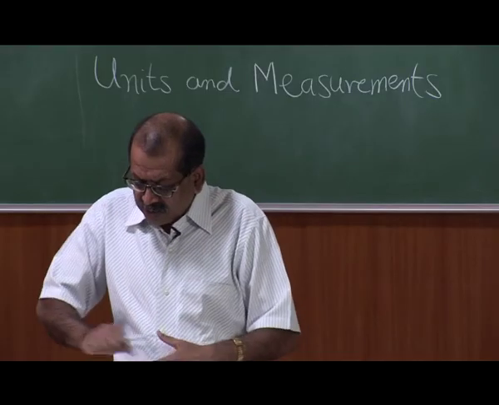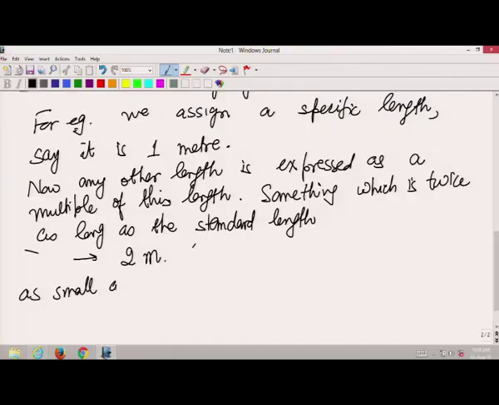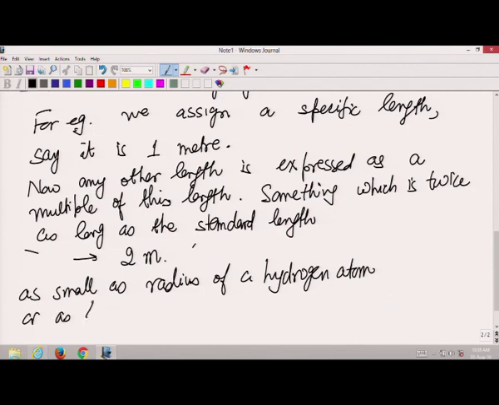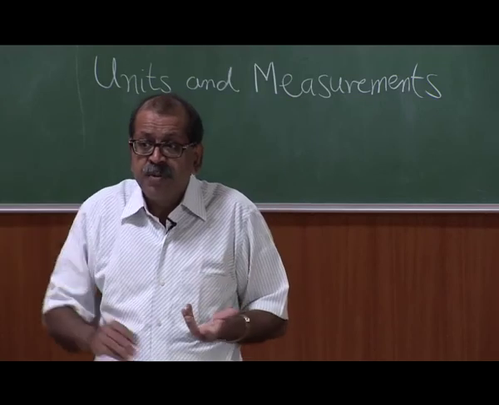The length could be as small as the radius of a hydrogen atom, which will be many orders of magnitude less than the standard meter, or it could be as large as the distance from moon to earth or distance from sun to earth, which would be many thousands of meters.